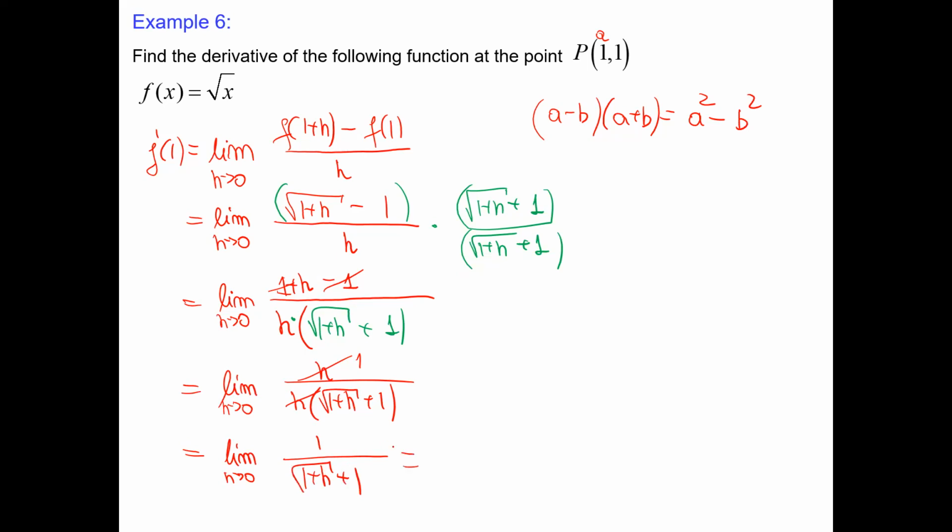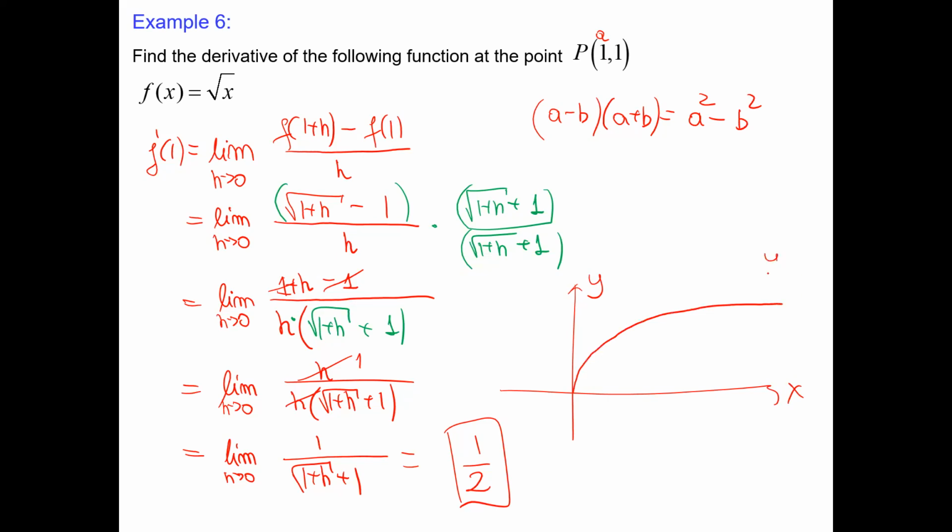When h is 0, the square root of 1 is 1, 1 plus 1 is 2, so the answer is 1/2. Graphically, the function square root of x looks like this. We know the fundamental functions. The point 1, 1 is somewhere here, and yes, the slope is 1/2, which makes sense.